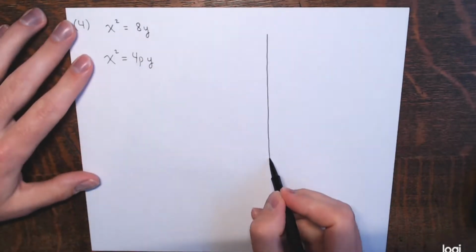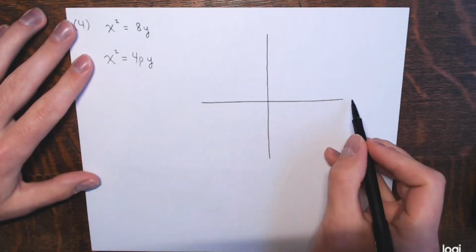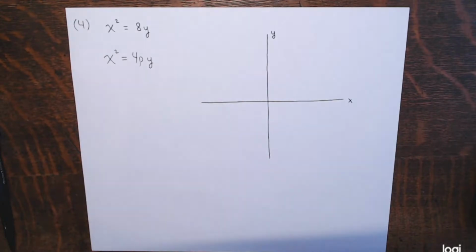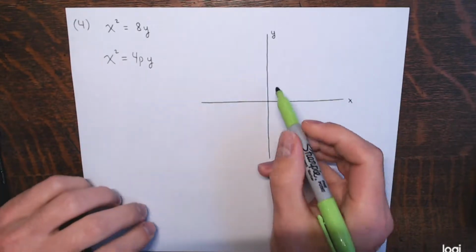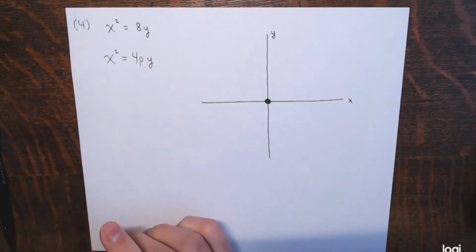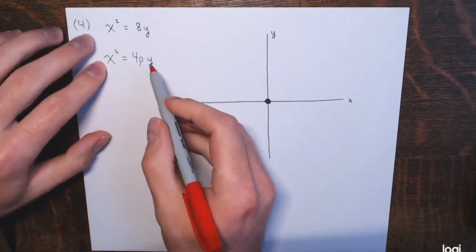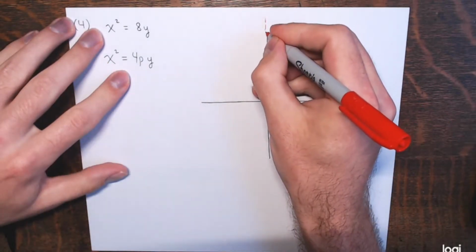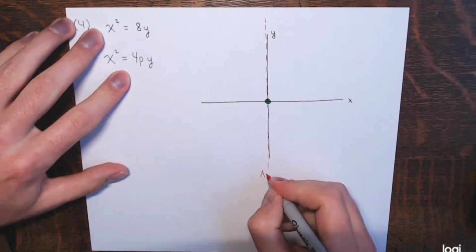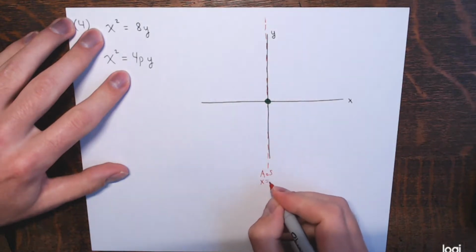So same deal when it's just x squared and y like that. The vertex is at the origin. So here's the vertex, 0, 0. The axis of symmetry this time, because x is squared and y is not, will be vertical. So here, in this example, the axis of symmetry is the y-axis, or x equals 0.